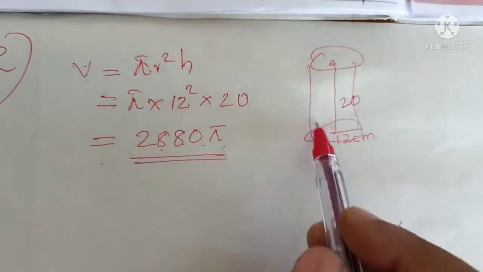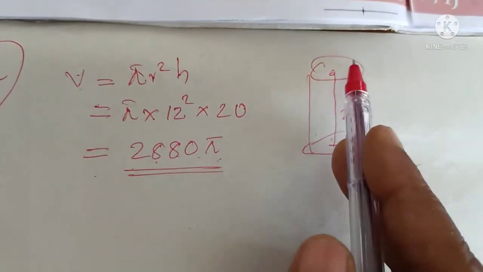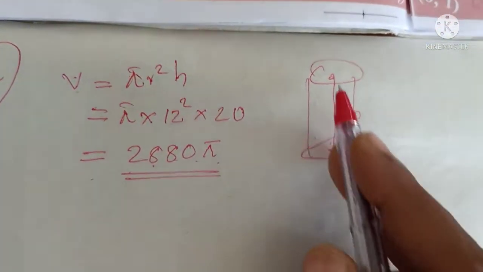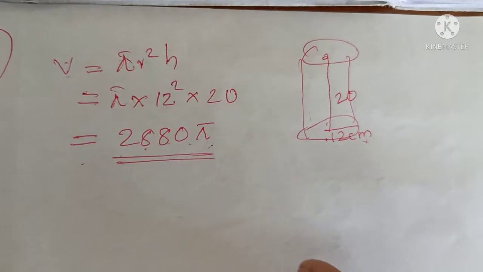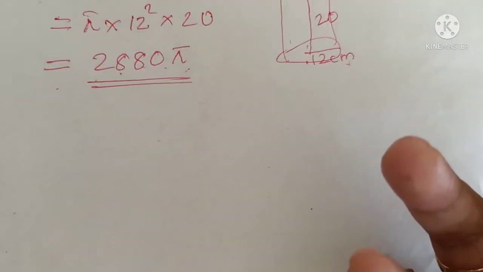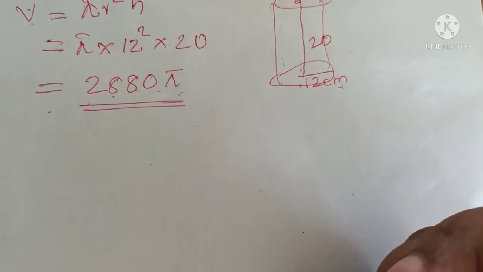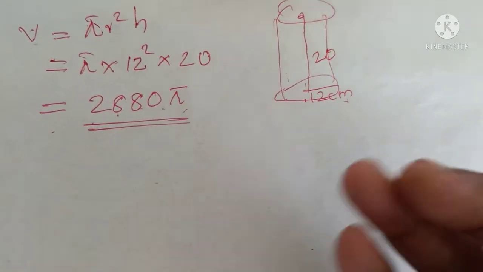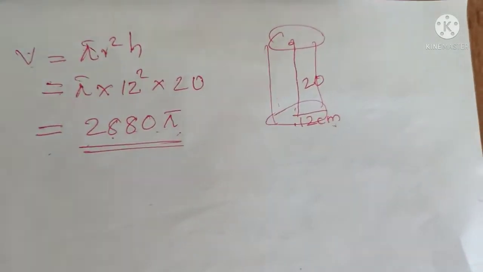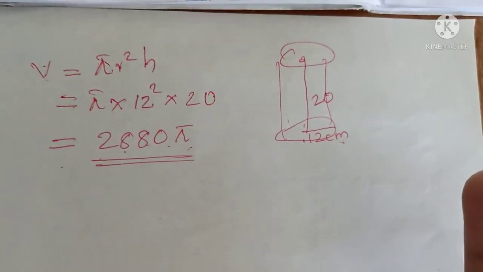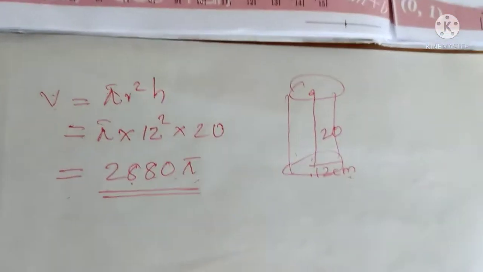By melting and recasting, we just melt this cylinder and make cones of base radius 4 cm and height 5 cm. So to make one cone, how much volume is needed? For that we need to find the volume of one cone.